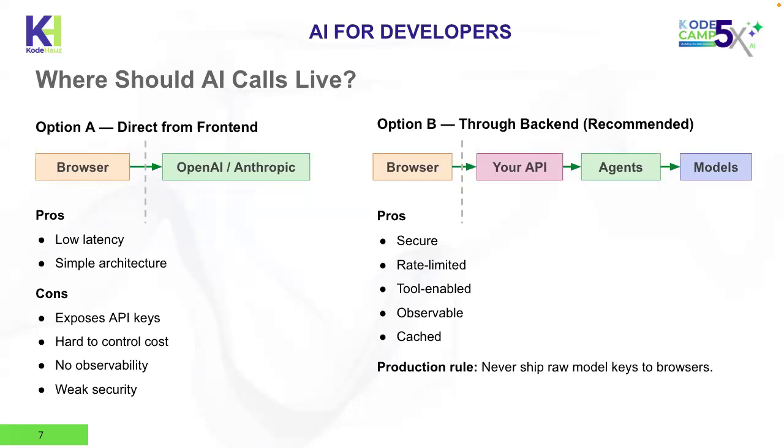The first one is a very simple model that we were using when we were learning this thing. And if you are learning, you always start with that because it's very easy, right? The browser, okay, and then you send prompts to the backend. And the backend is not even your own backend you built, right? It's the backend from the AI service providers like OpenAI, Anthropic, Gemini, and so on.